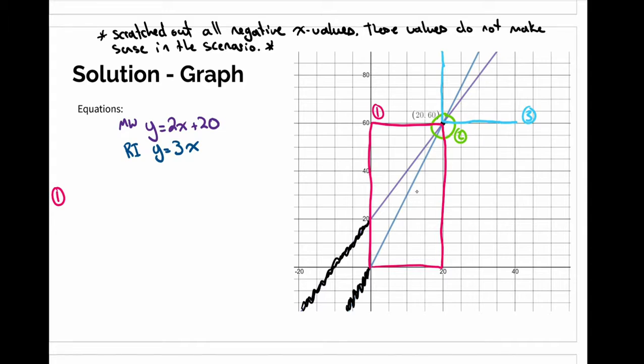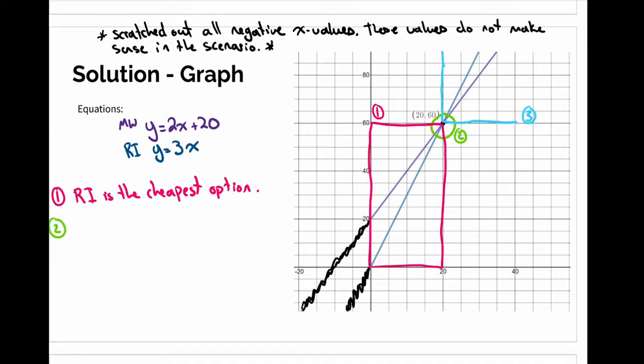So the lower the line, the less money there is. So in this case, Ri is the cheapest option. Again, you can say, well, because the y values are lower, it's the lower line, whichever one you want to say. So it is the cheapest option.